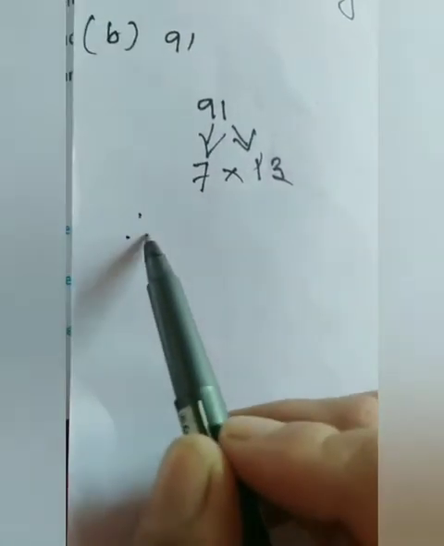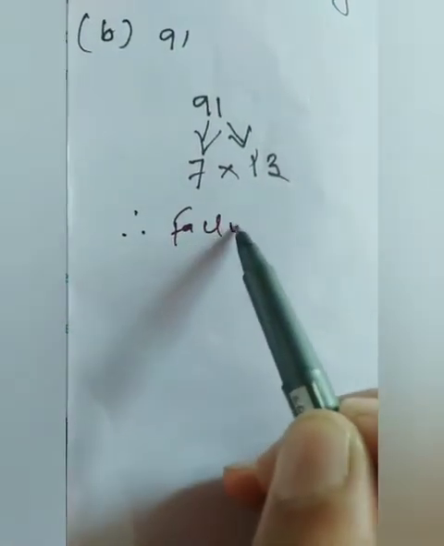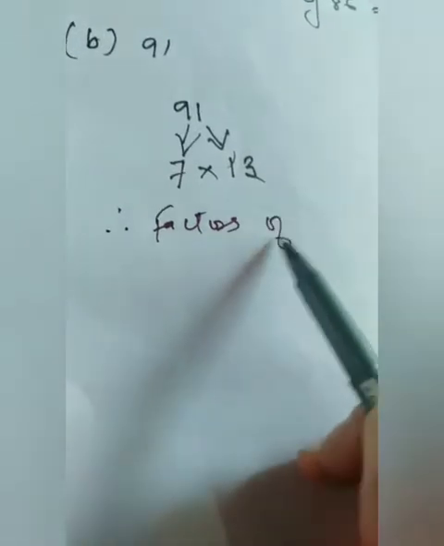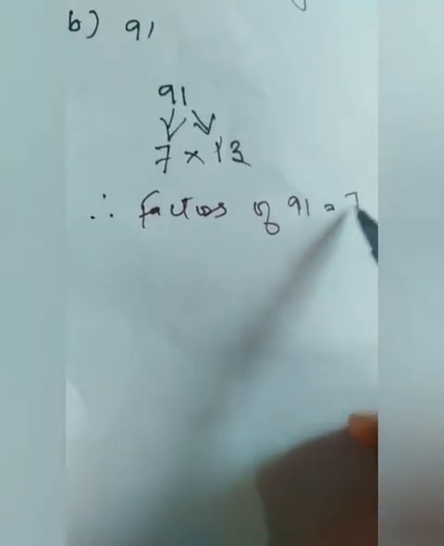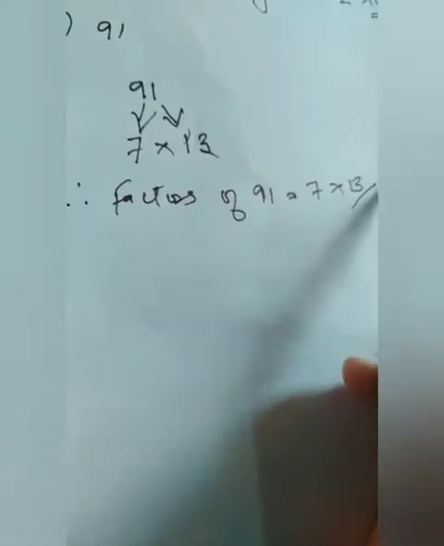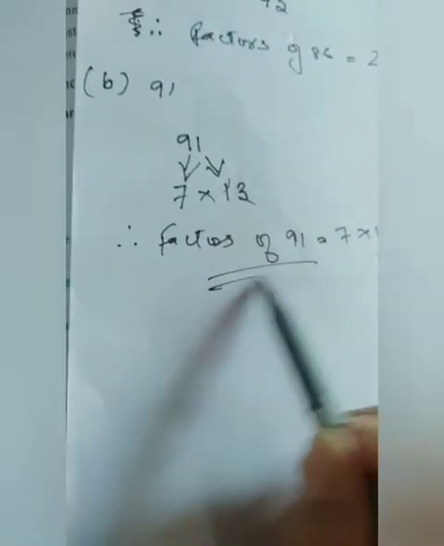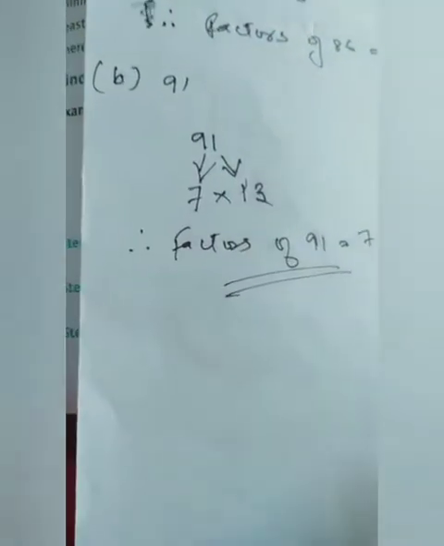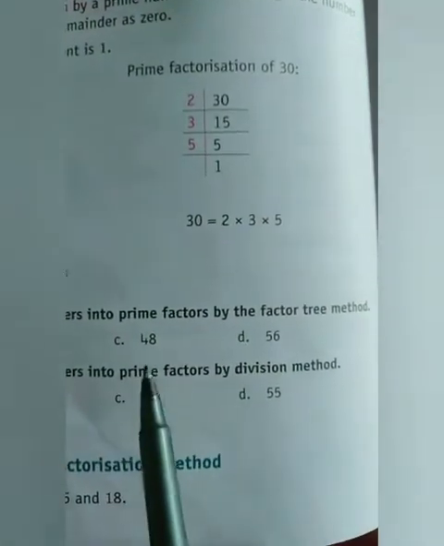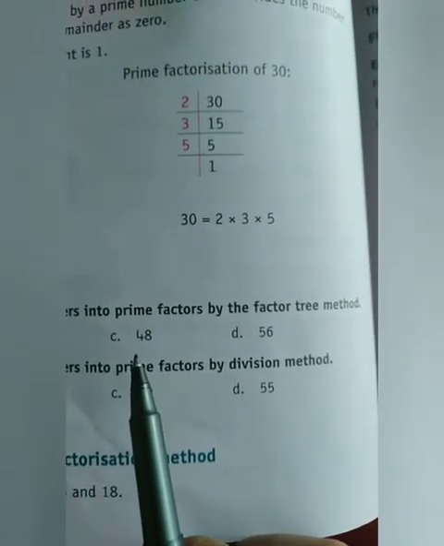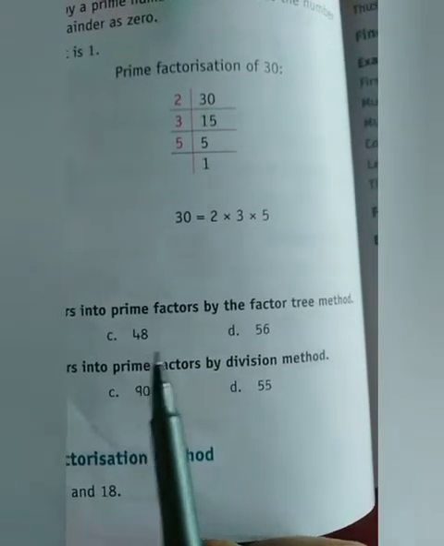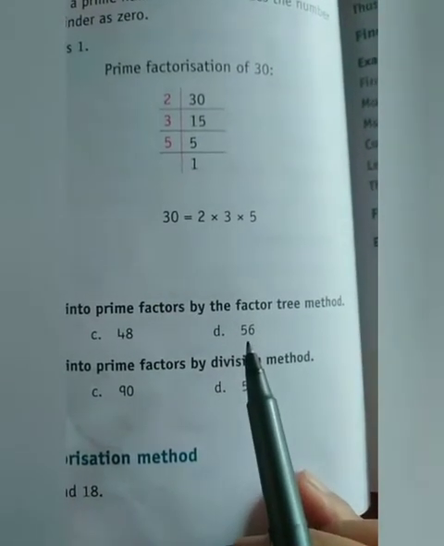Therefore factors of 91 is equal to 7 into 13. This is how we have to do the factor tree. Now you do question C and D. Question C has 48, factorize until you get the prime numbers. D also, we have here 56. That means C and D are your classwork.